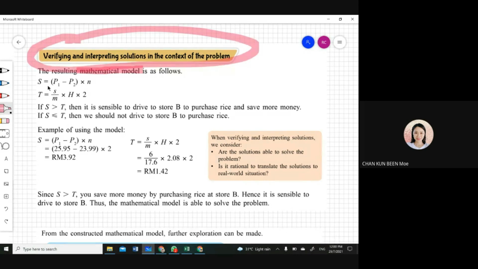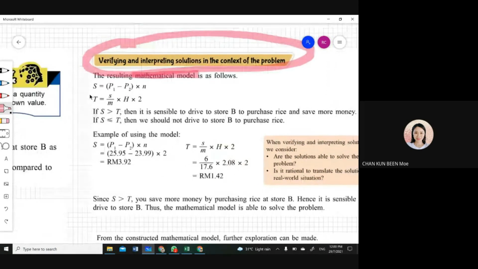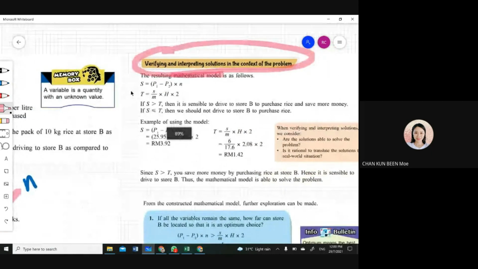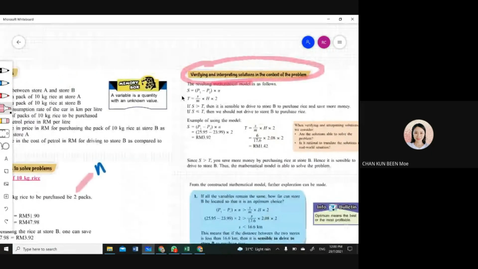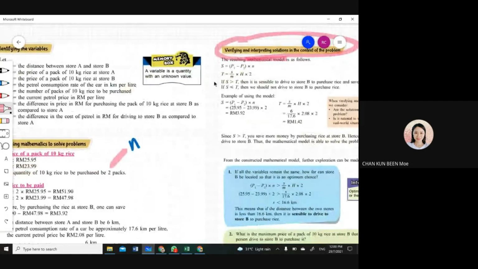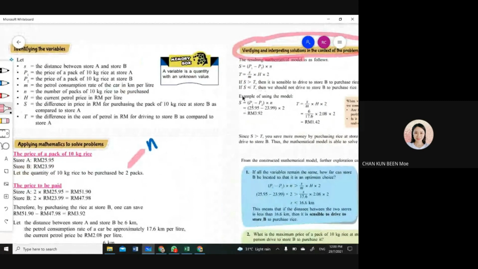So S is equal to P1 minus P2 times N. Of course, I think you don't remember what the variables over here represent, so I put them side by side so that you can compare. Here you can see the S: S is the difference of price in RM for purchasing 10 kilogram of rice at store B as compared to store A, meaning that's the difference of price.